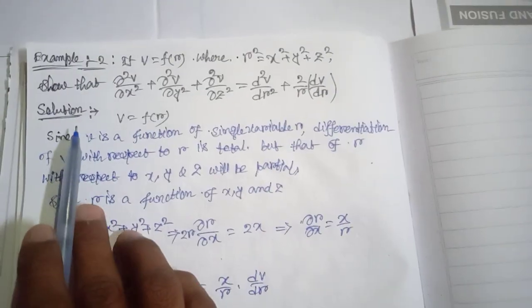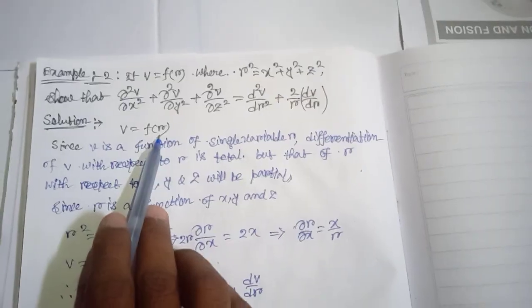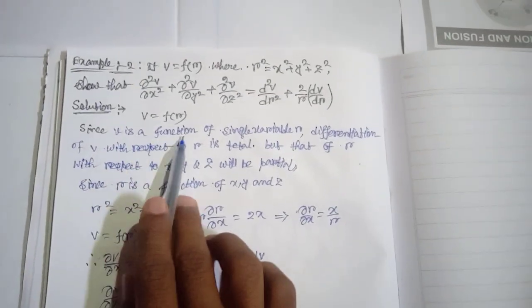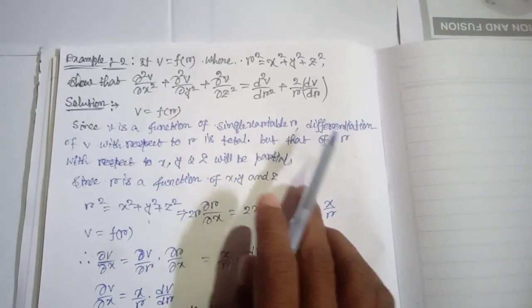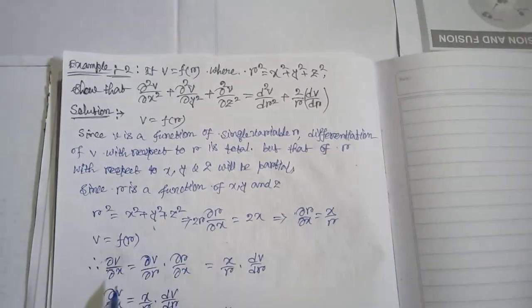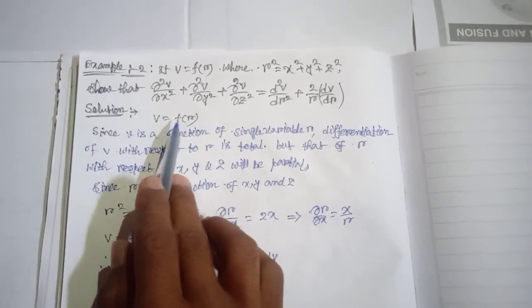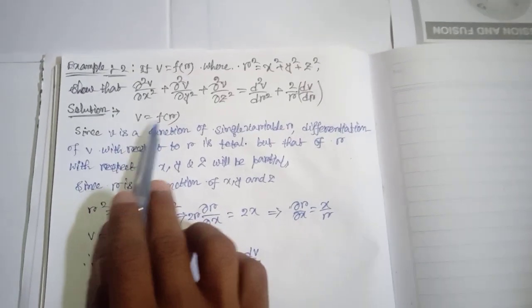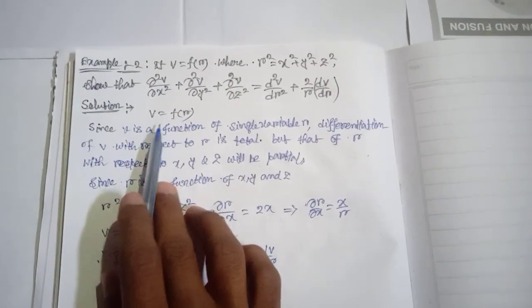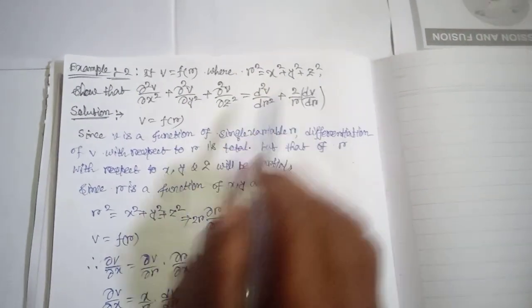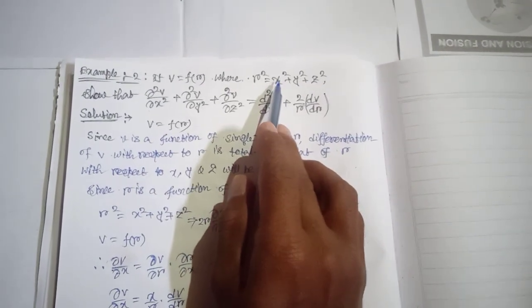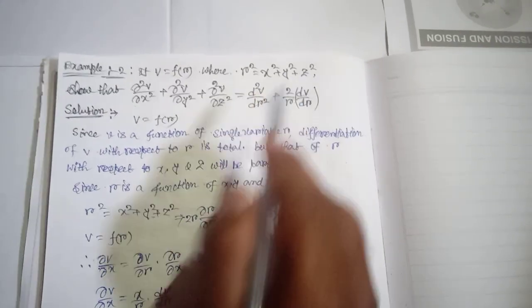So V is equal to a function of r. Since V is a function of the single variable r, differentiation of V with respect to r is total. And r is a function of x, y and z, so differentiating r with respect to x, y, z is partial.